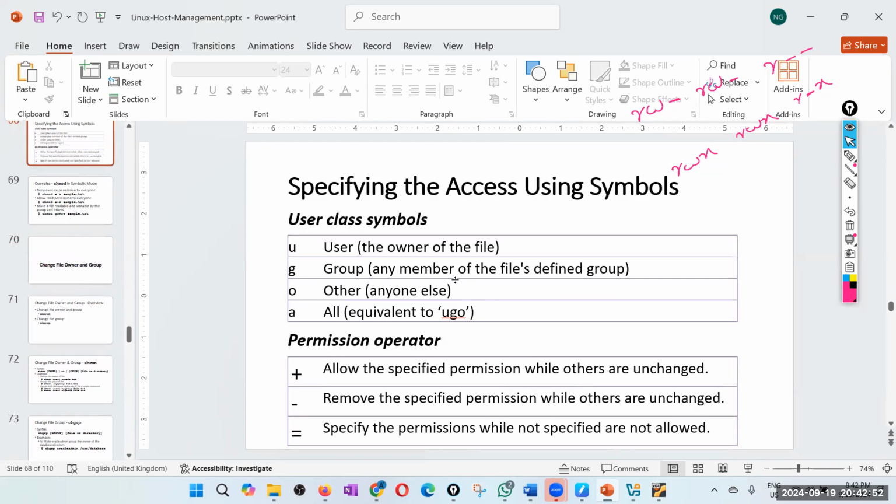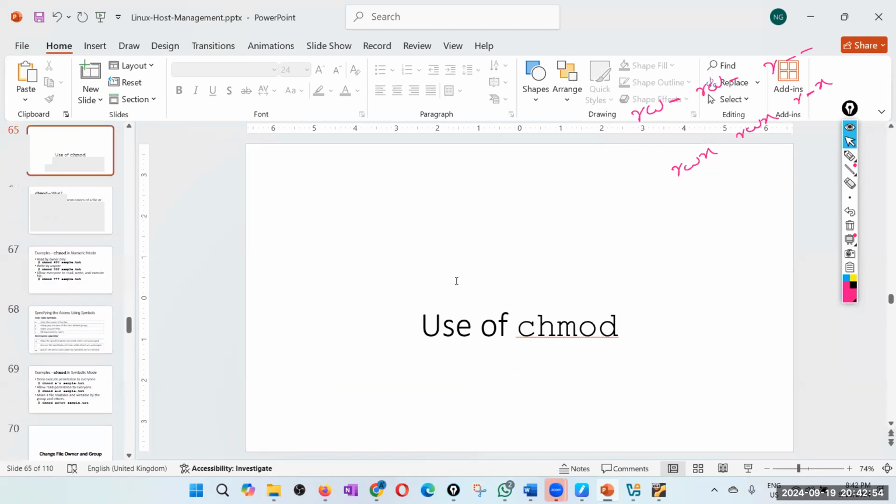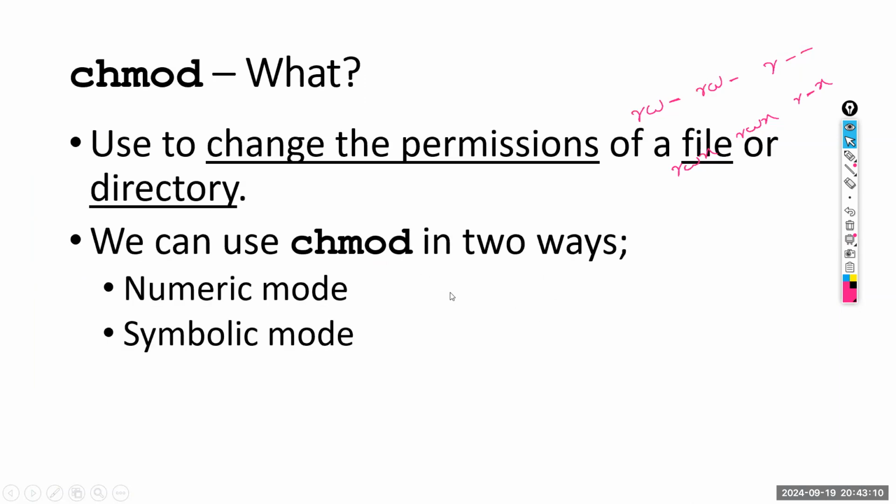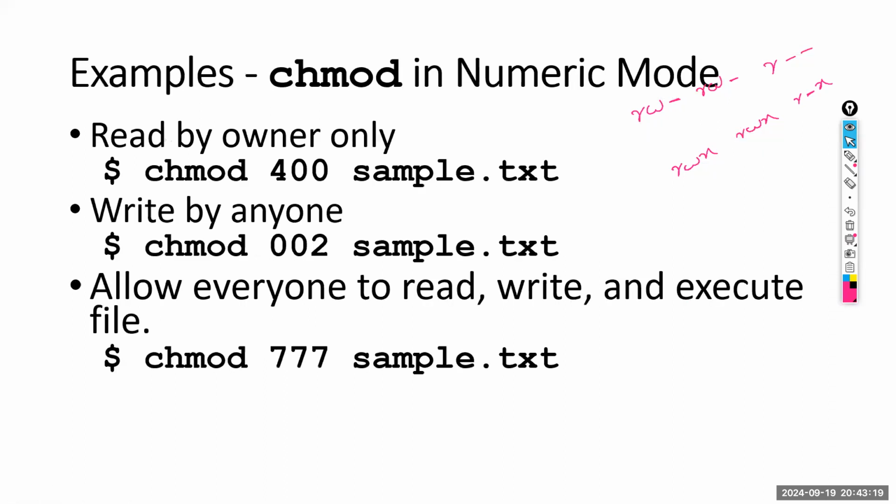Okay. Right. So now let's see if I want to change. Right now, you can see that currently my file's privilege is rw-rw-r--. If I want to change this, you can use the chmod command. And chmod command, you can use it for files or folders. And you can use the symbolic mode or numeric mode. Okay. So let's use numeric mode.